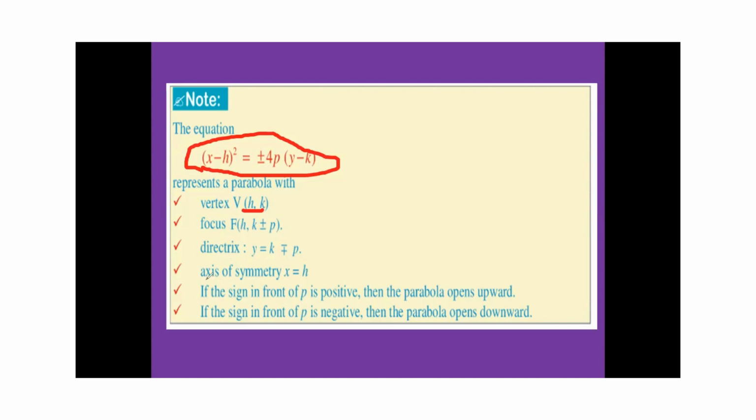The axis of symmetry is x equals h. If the sign in front of p is positive, then the parabola opens upward. If the sign in front of p is negative, then the parabola opens downward. Whether it opens upward or downward depends on the sign in front of p.